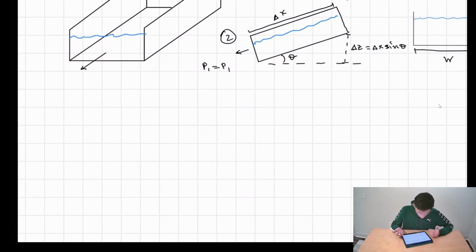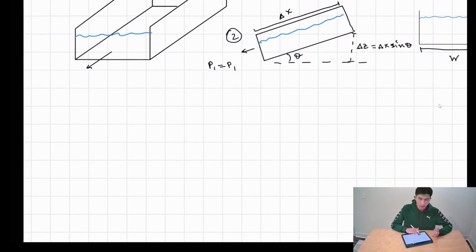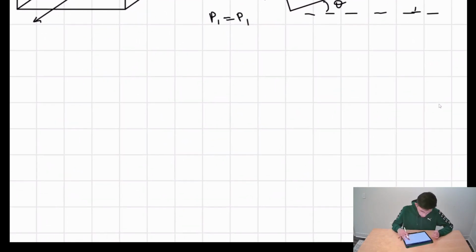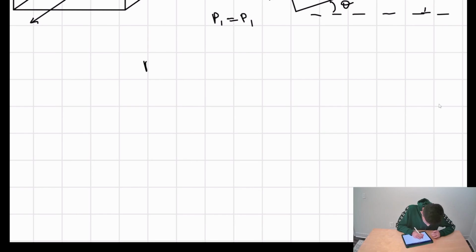So to start with, let's write down Bernoulli's equation for our particular problem. It's going to be pressure at point 1 minus pressure at point 2 over the density, plus g times z1 minus z2.